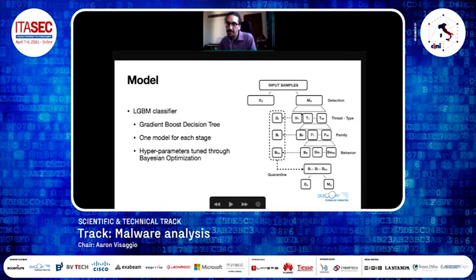In case of these kinds of inconsistencies, we put the samples in the quarantine stage, and we trained a different detection model for the quarantine samples. This was in order to try to recover some misclassification errors in the previous stages, and also to raise at least the overall detection rate of the pipeline.